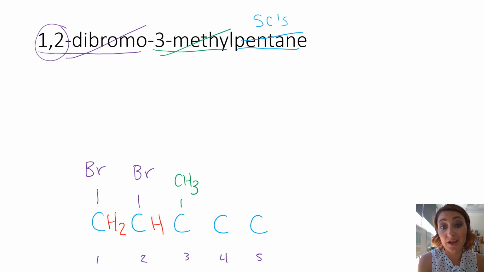It only needs 1 hydrogen. The same goes for carbon 3. It only needs 1 hydrogen. Carbon 4 is attached to carbon 3 and 5. That's 2 of the 4 bonds, so it's going to need 2 hydrogens. Carbon 5 is at the end and it only has a single bond to carbon 4, so we need 3 hydrogens to complete its octet.